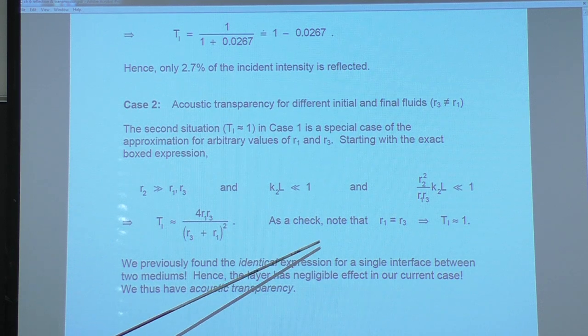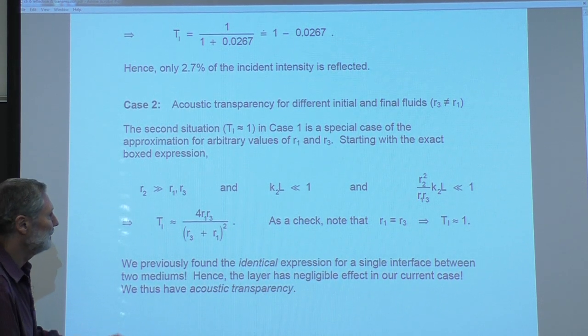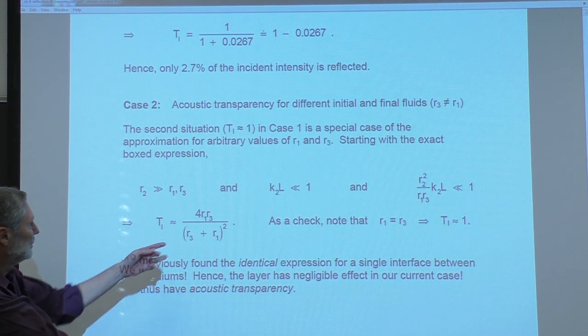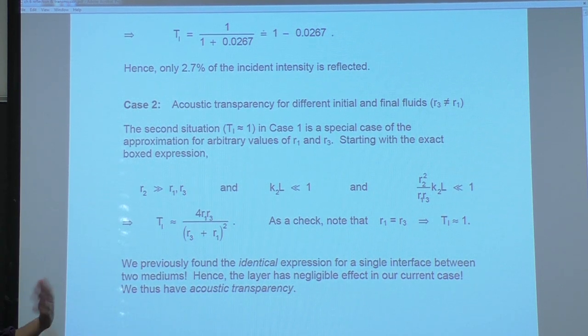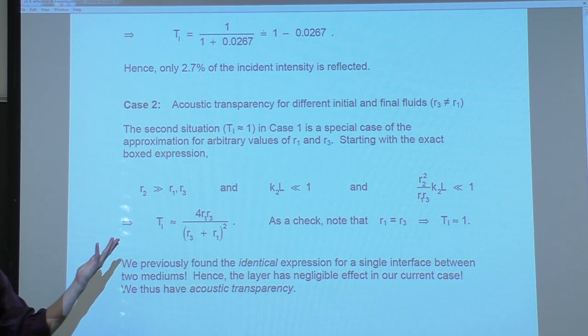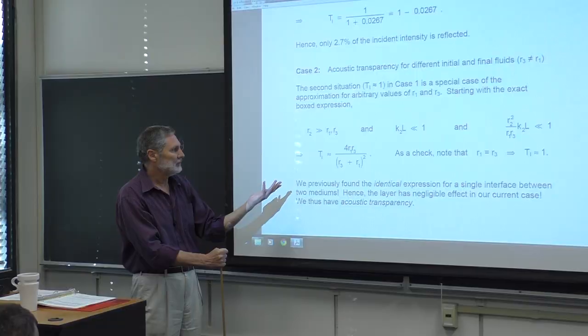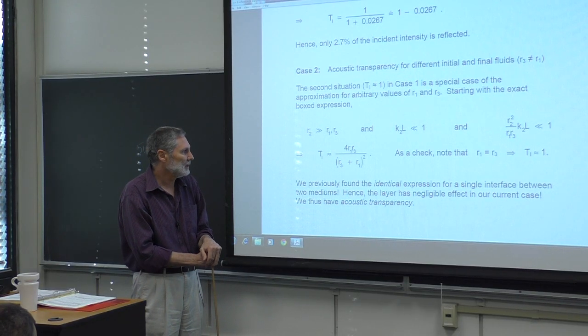Okay, we can check this. The case we just did was R1 equals R3. And you can look at this and see you get perfect transmission in the limit of these approximations. But now we've got different mediums. So 1 and 3 are in general different, so we're not going to get 100%.